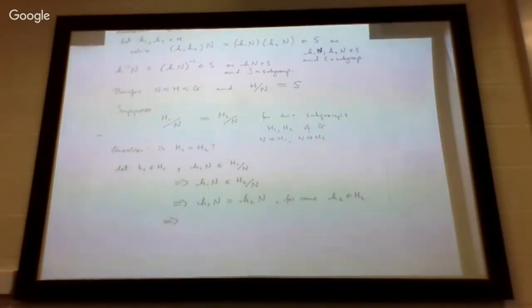Two cosets are equal if and only if... So what am I trying to get here? I'm trying to prove that little h1 is in big H2. Yeah, exactly. Little h1 is in big H2.